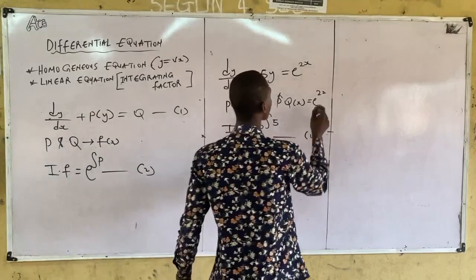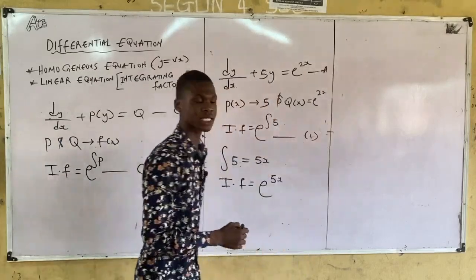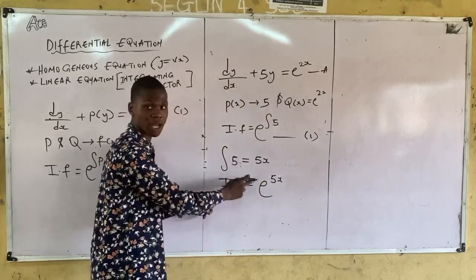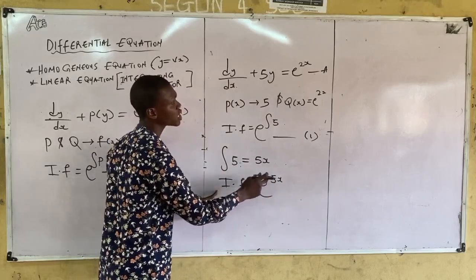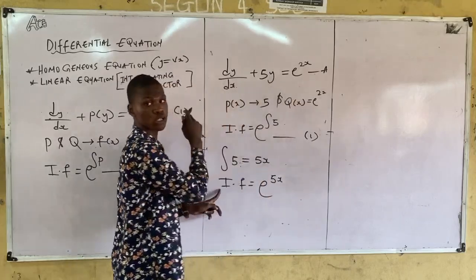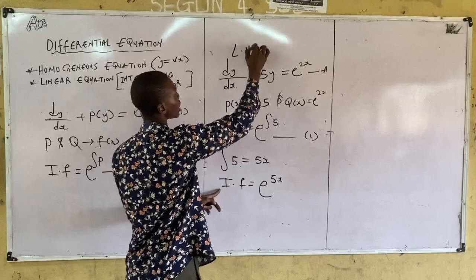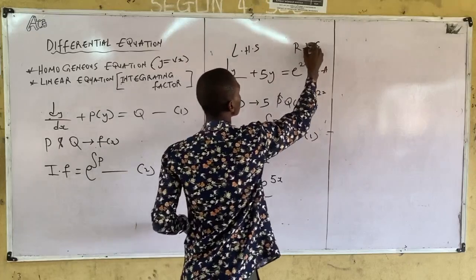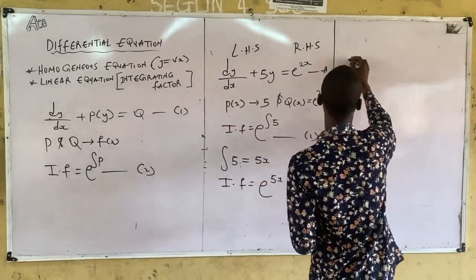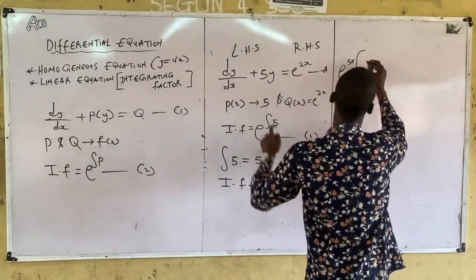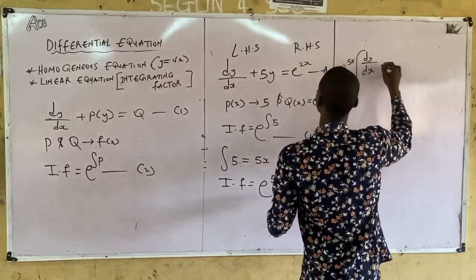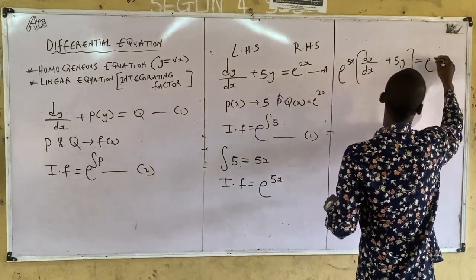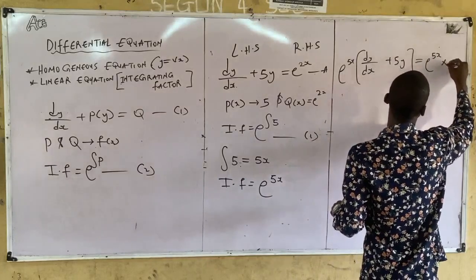Let's call this original equation A. We are multiplying the integrating factor, exponential 5x, by the original equation: multiply it by the left hand side, and also by the right hand side. Meaning, you have exponential 5x, open bracket, dy over dx plus 5y, equals exponential 5x times exponential 2x.